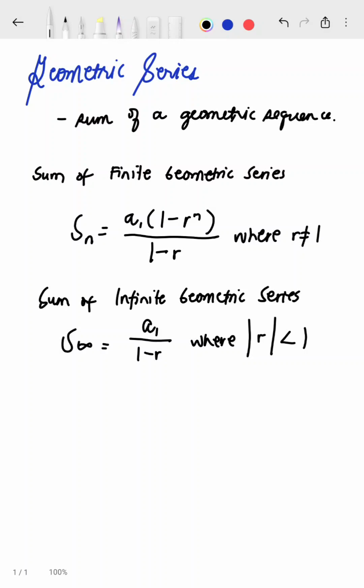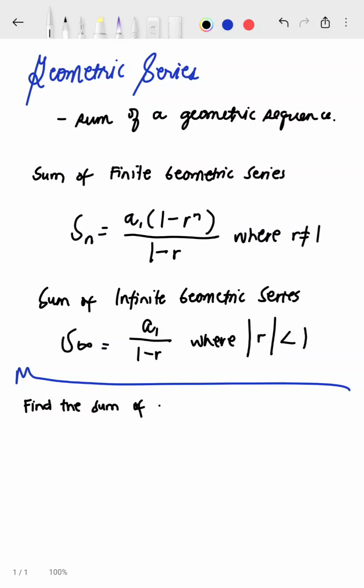Okay? So, let's have an example. For example, we need to find the sum of the first 6 terms of the series 2 plus 6 plus 18 and so on.